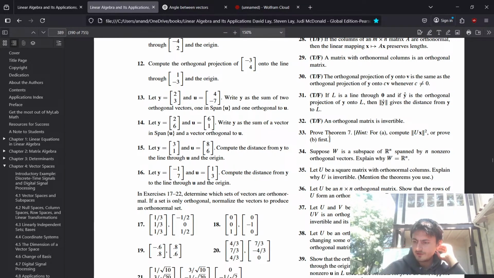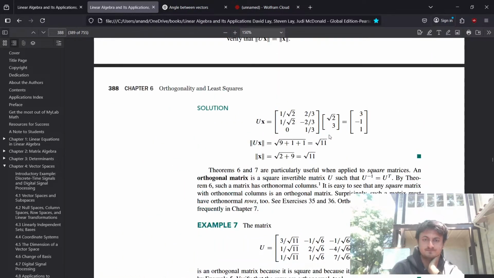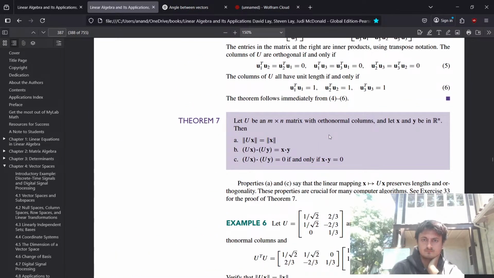All right, problem 33. Prove theorem 7. A: the norm of Ux is equal to the norm of x.